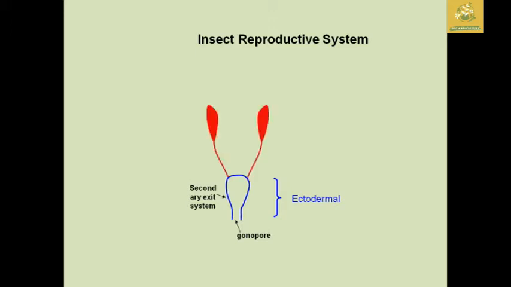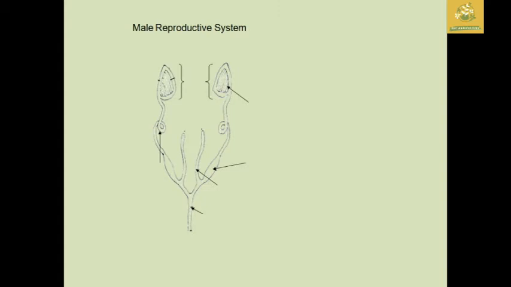While seeing the insect reproductive system, let's take the secondary system, which is the gonophore, found in the ectodermal region, and the gonads, the primary system, which is found in the mesodermal region of the insect.